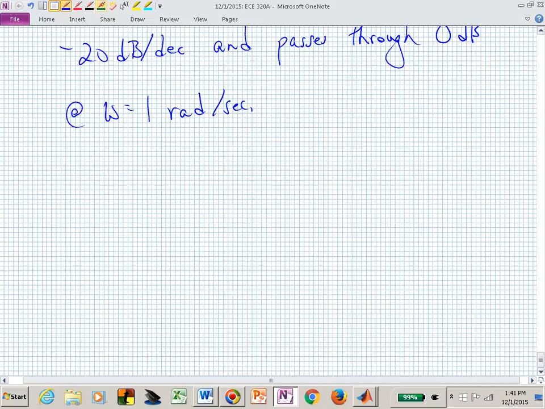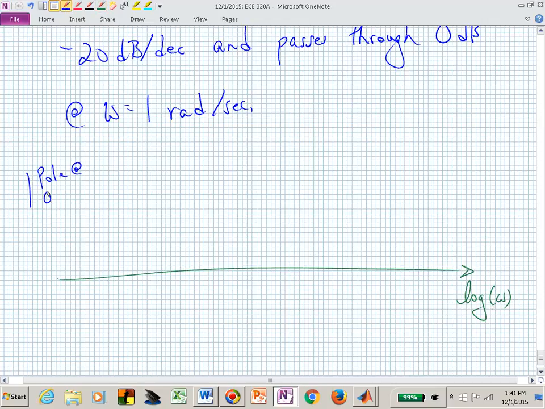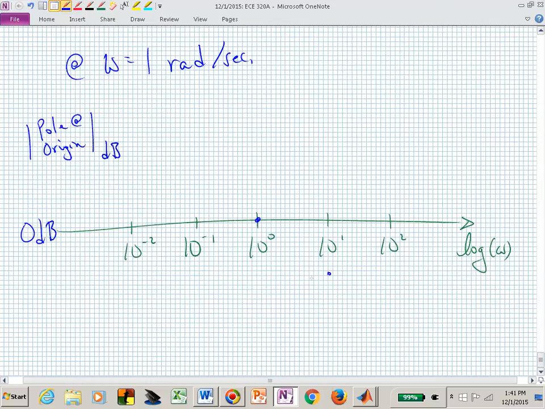Which says then that if you're sketching this magnitude for a pole at the origin, now we've said here is our convenient value, that's 0 dB. A decade above that, where are we going to be? At minus 20, aren't we?